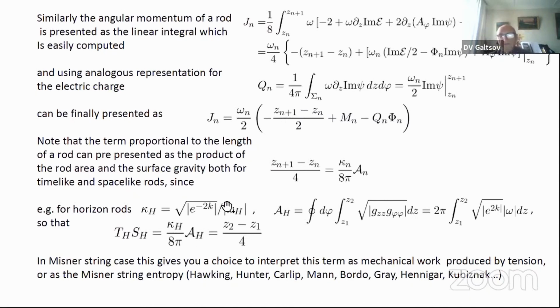And this simplicity was due to using Tomimatsu-Sato, and we notice that there is not much difference between the horizon of a black hole or a space-like defect, because the same formula actually holds for space-like defects too.